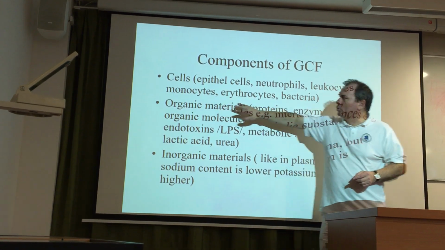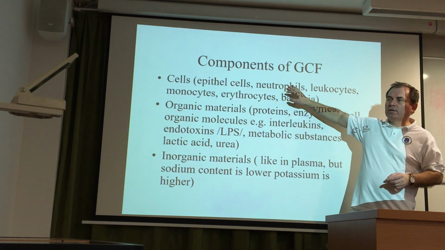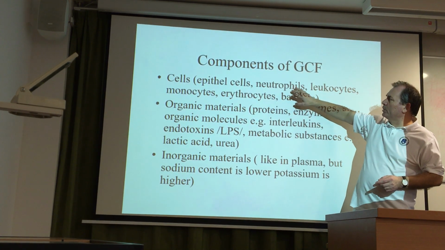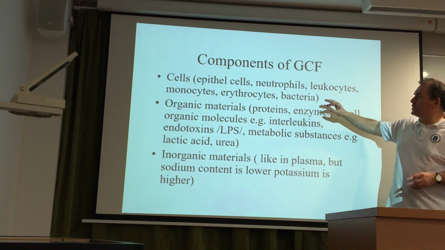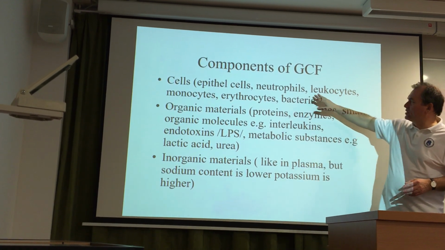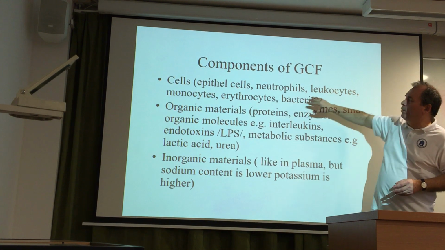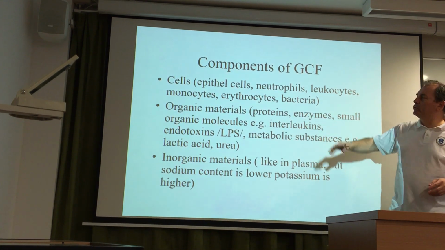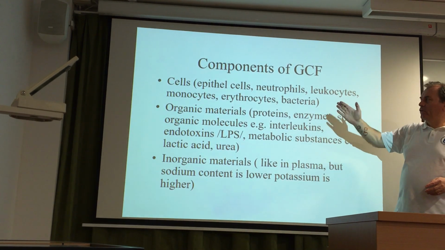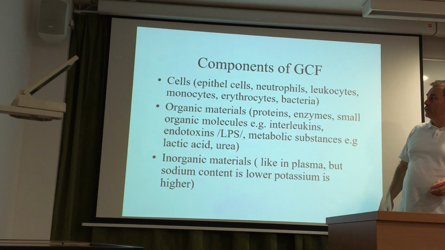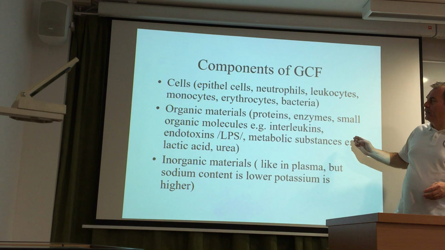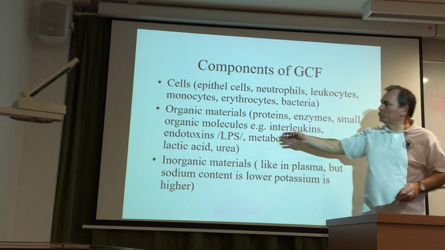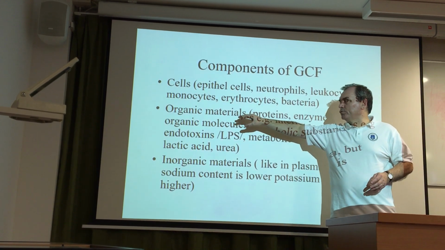We have a cellular component, mainly neutrophils, so polymorphonuclear cells. In 90 to 91% of the cases we have neutrophils inside, but in the remaining 9 to 10% we have mononuclear cells, lymphocytes mainly, and mononuclear phagocytes.